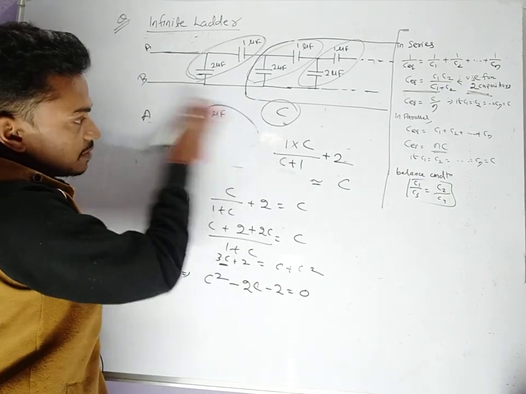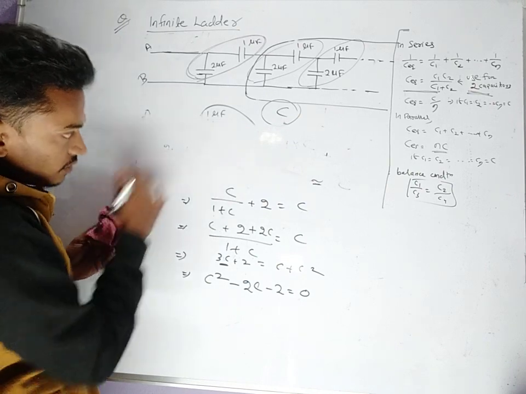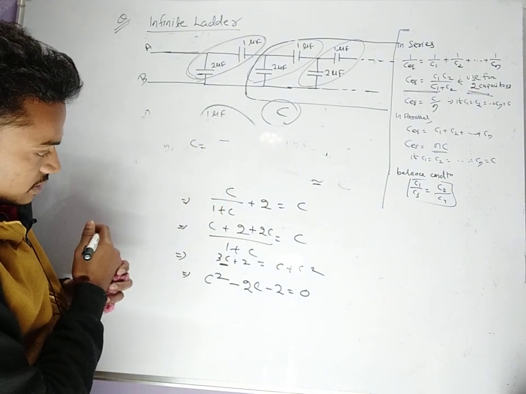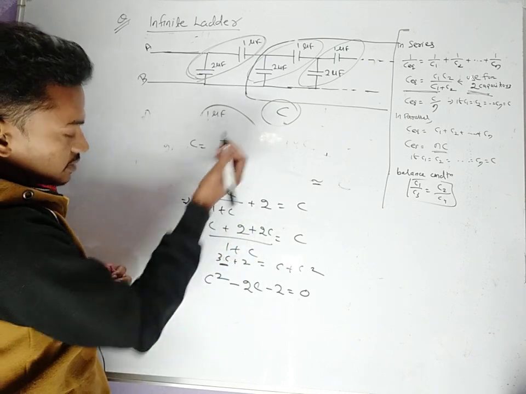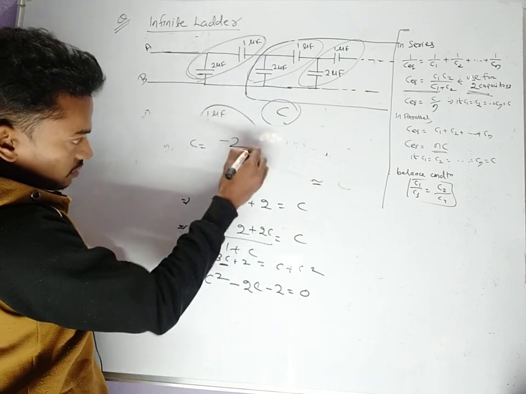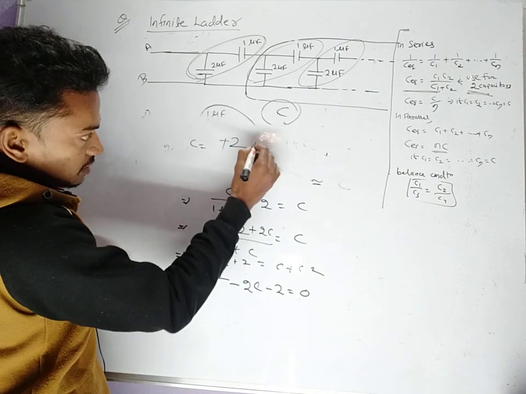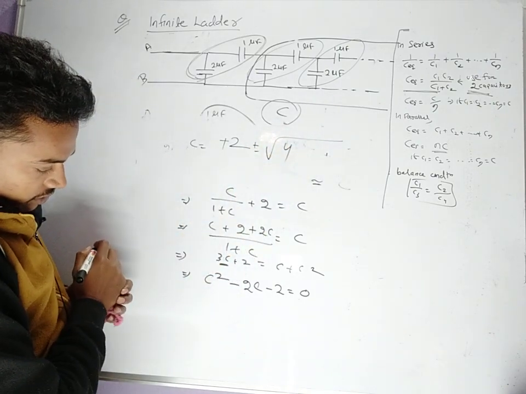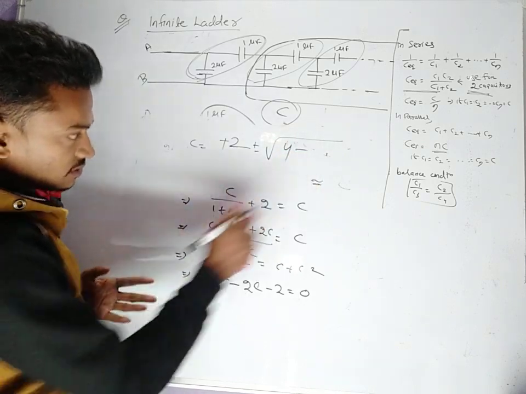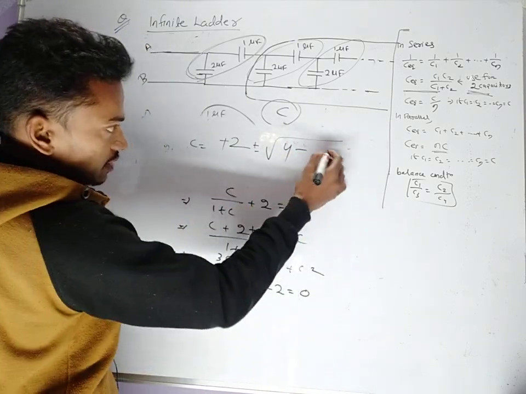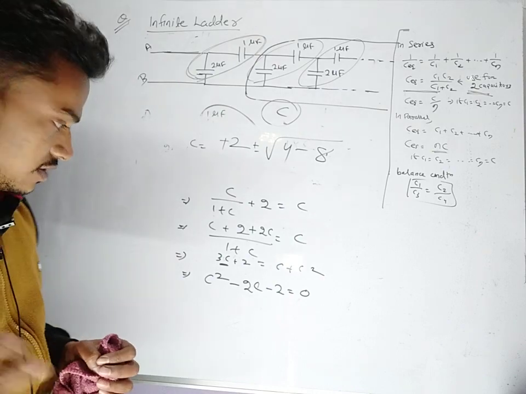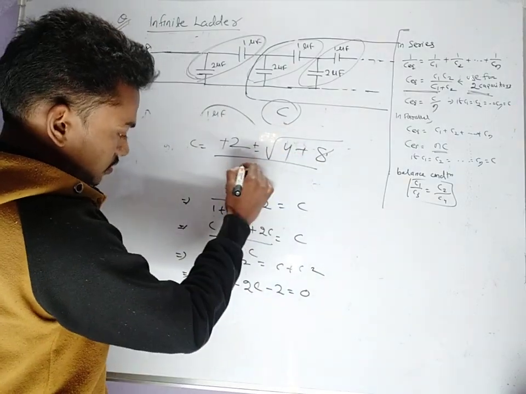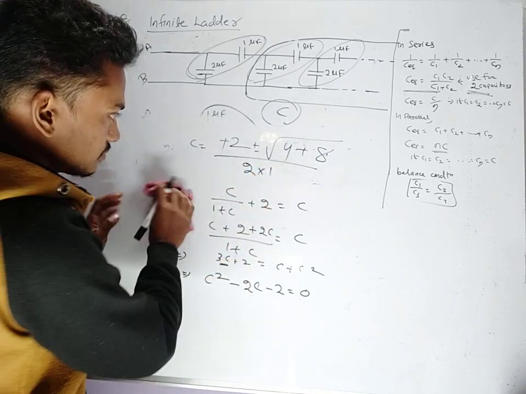Solving the quadratic equation, C equals minus B plus or minus square root of B square minus 4AC, by 2 times A, where A is 1.